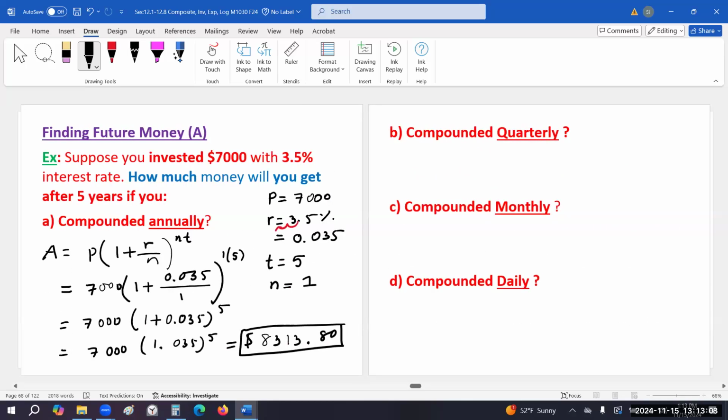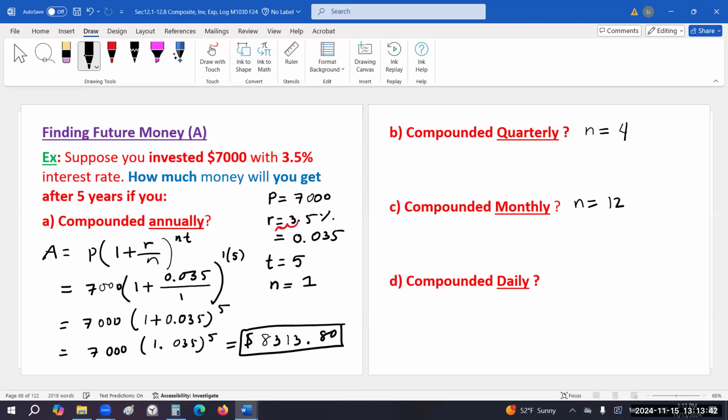That's 3. Same formula, just our M is different. Quarterly. Quarter means what? How many times are you doing it in a year? 4. Because we have 4 quarters in a dollar. So 4 times. Monthly. If you do it monthly, how many times are you doing it in a year?